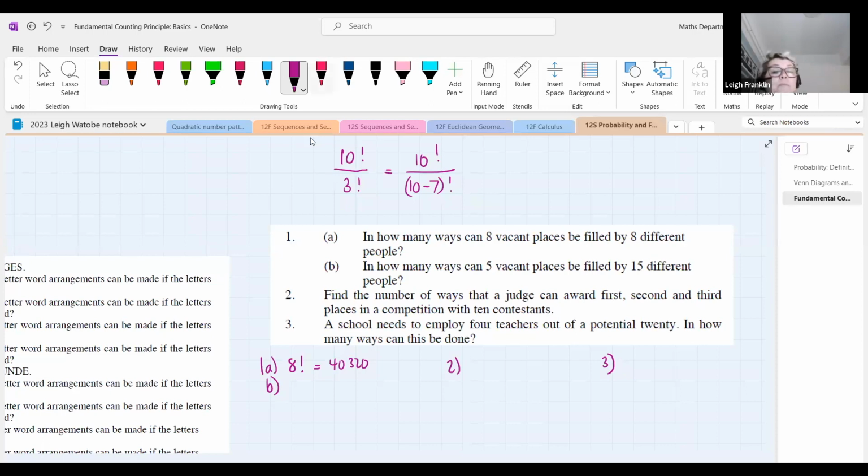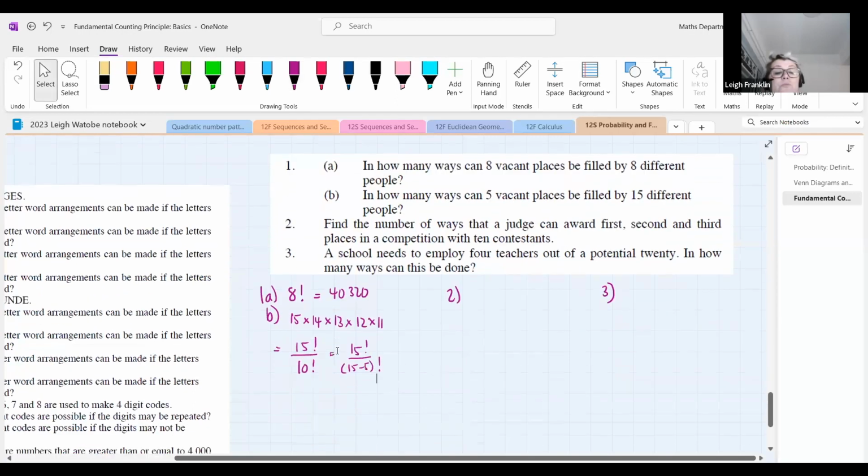Now, in part B, we've got 5 places filled by 15 people. So there are 15 people for the first block, 14 people for the second, 13 for the third, 12 for the fourth, and 11 for the last. That is the same as saying 15 factorial over 10 factorial, or you can write it as 15 factorial over (15 minus 5) factorial.